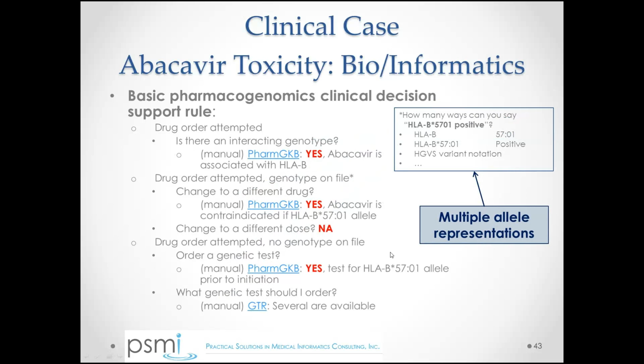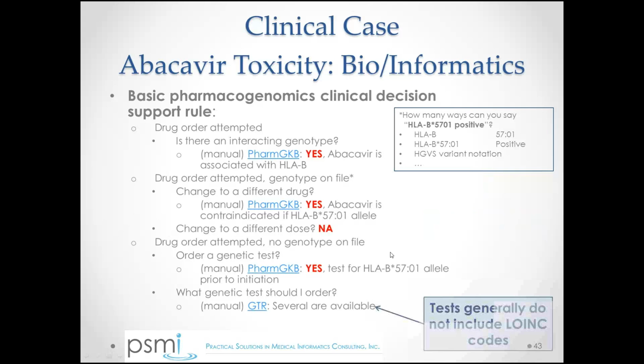There are multiple allele representations, and so if you want to do pharmacogenomic clinical decision support, you have to come up with a mechanism for aligning the multiple allele representations. The test results, when you identify tests in GTR, even though there's a field in there where the submitter can include a LOINC code, at least for the ones that I looked at, I didn't find any LOINC codes.